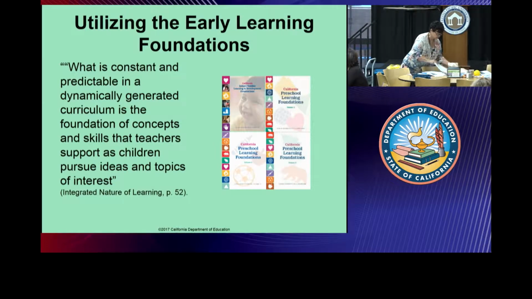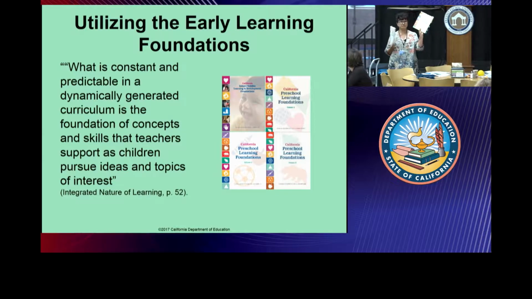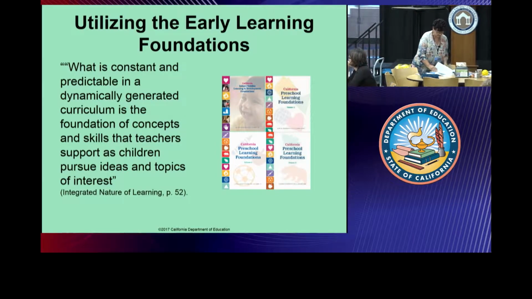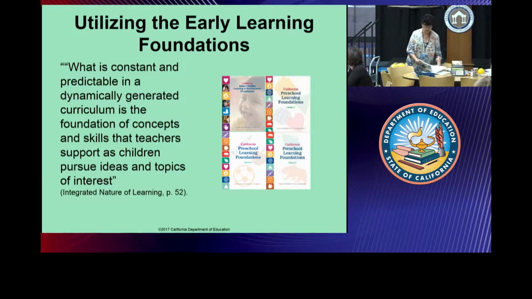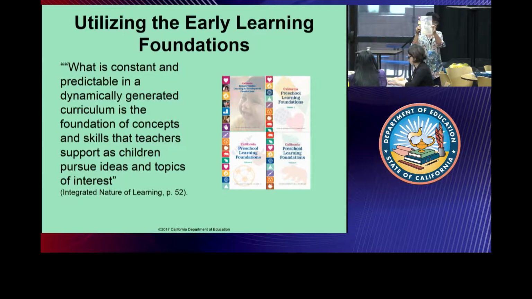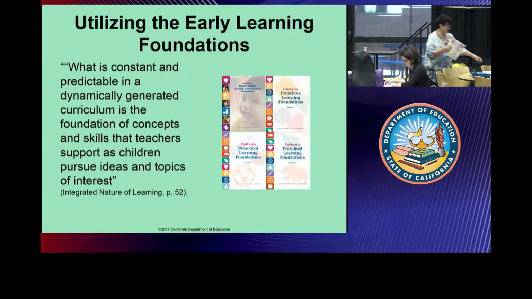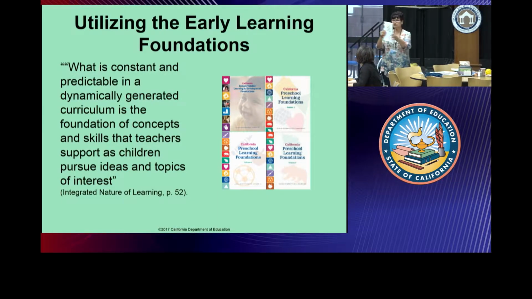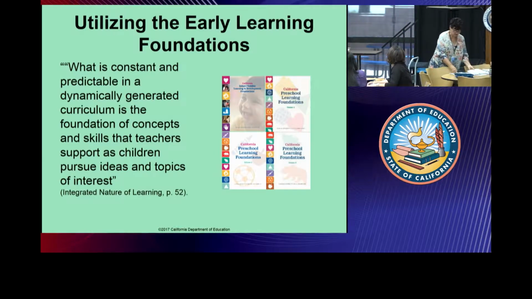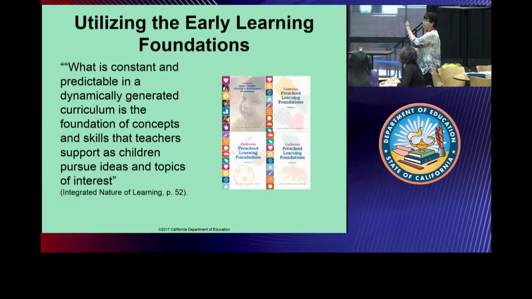How many of you are familiar with the foundations and frameworks? Very good. Most of you are really familiar with the foundations. I wanted to show you just really fast the foundations and frameworks for our infants and toddlers, and the foundations and frameworks for our preschool little ones, and now for TK. And just to mention that this is really the constant.